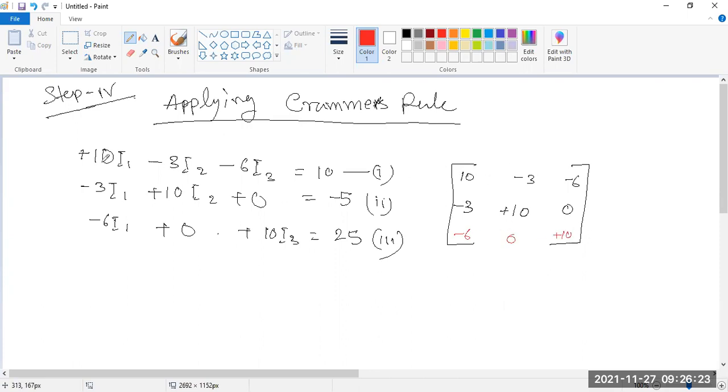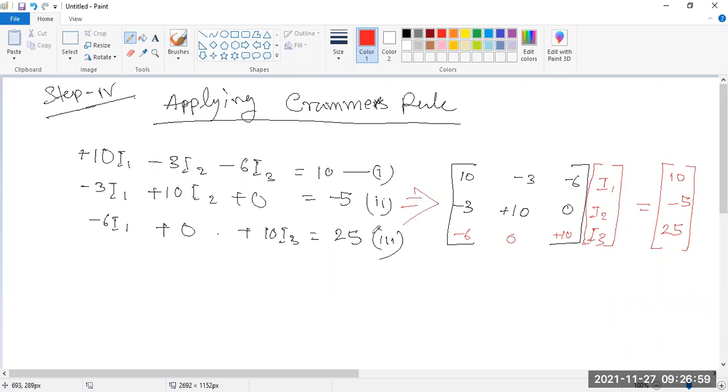We arrange these coefficients in this direction and multiply by I1, I2, I3. Matrix multiplication is row into column. So we write I1, I2, and I3, and this is equal to the resultant, which will be 10, minus 5, and 25.